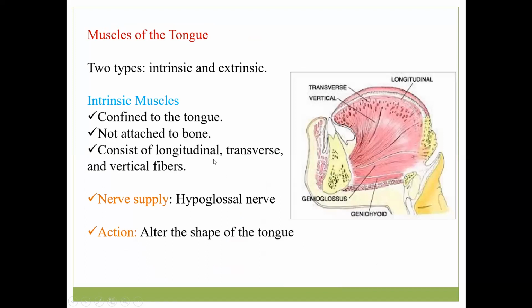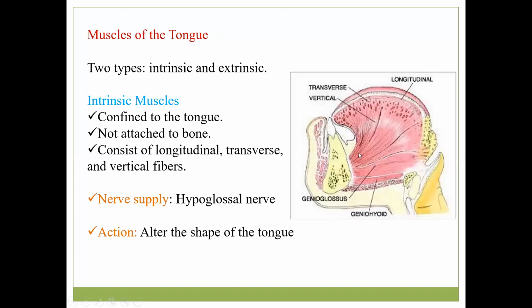Then let's move on to the muscles of the tongue. When you describe the muscles of the tongue, we can divide them into intrinsic and extrinsic muscles. The intrinsic muscles are confined to the tongue. They are situated inside the tongue and are not attached to a bone.